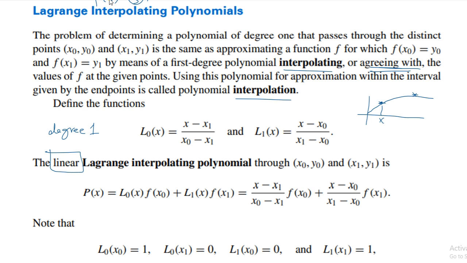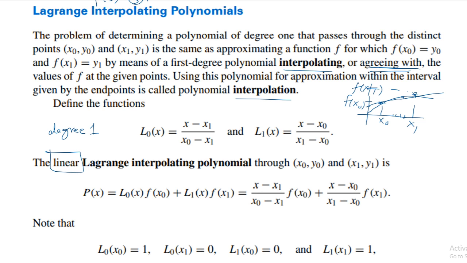So at x naught, your function is f(x0), and at x1, your function is f(x1). Your Lagrange polynomial will exactly pass through these values, and the difference between them anywhere in between will be very, very small. They will be closely approximating each other, but at these 2 points they will be exactly the same.